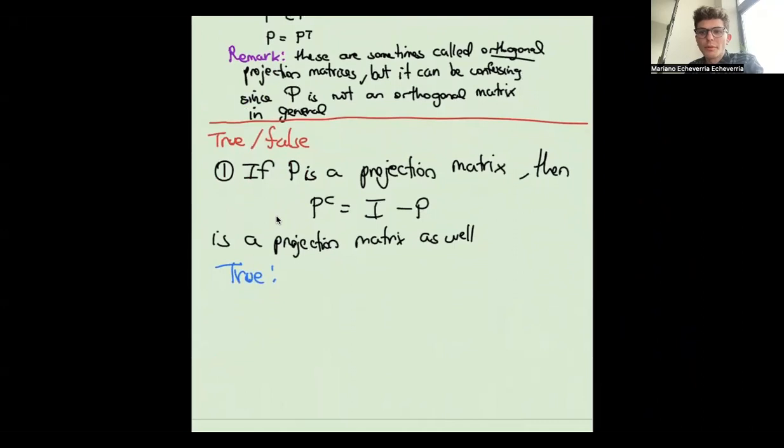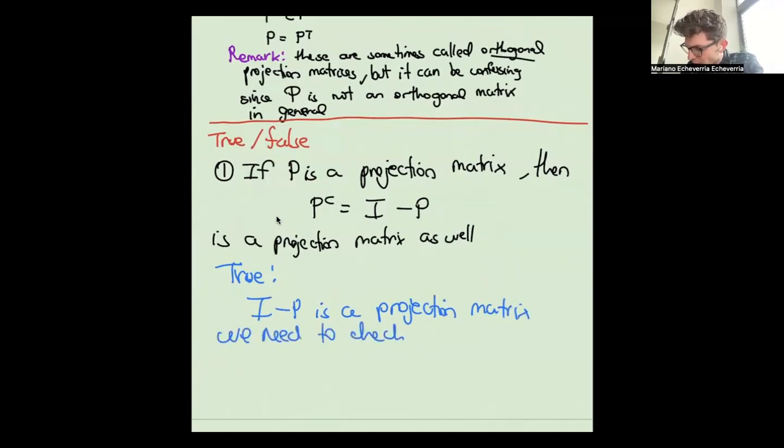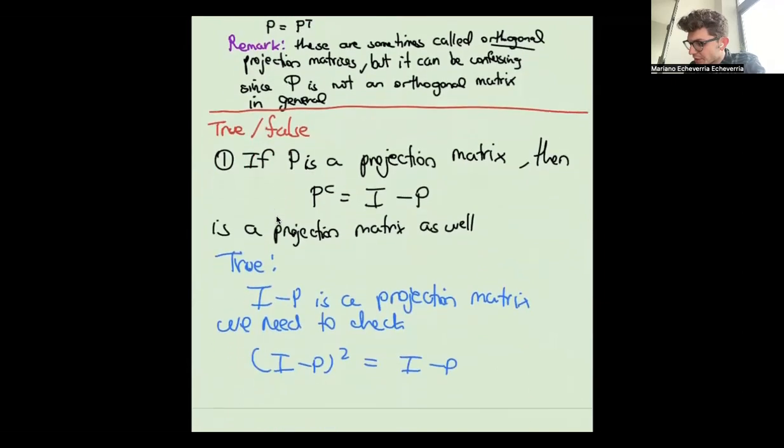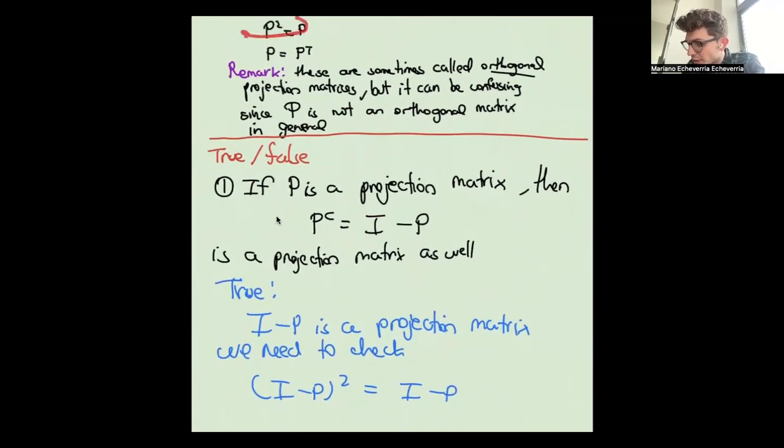To say that I minus P is a projection matrix, we need to check two properties. That its square equals itself. Remember, the property of the projection matrix is that it is its own square.